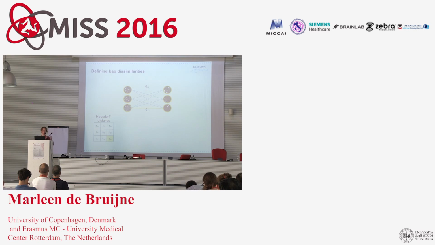You compute for each instance its closest neighbor in the other bag, and then you take the maximum of those. But it's based on just one pair of instances, so it might be a little bit sensitive to noise. Another one that we did not expect to perform well, but actually did perform well in some cases, is just computing the sum or the mean over all the distances, all the possible pairs in the two bags.